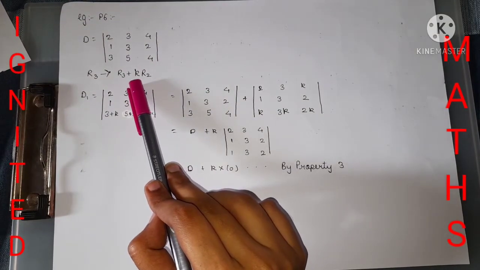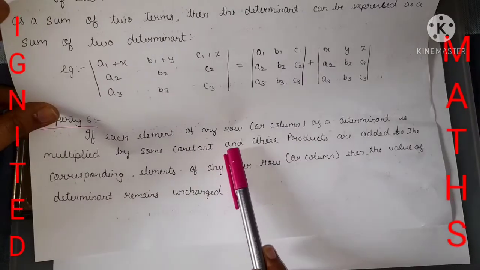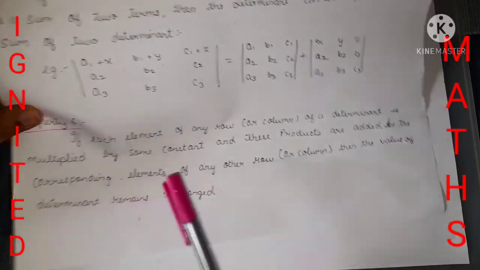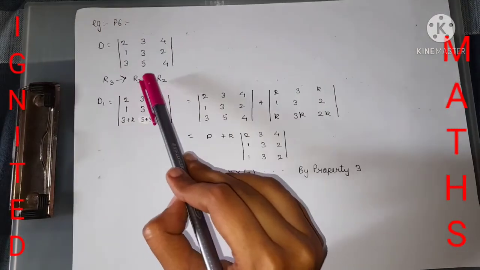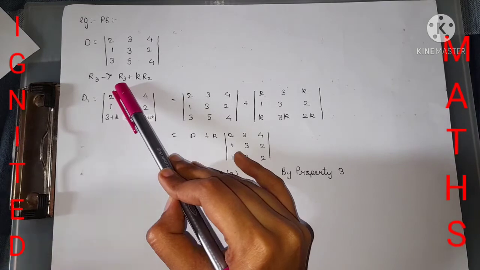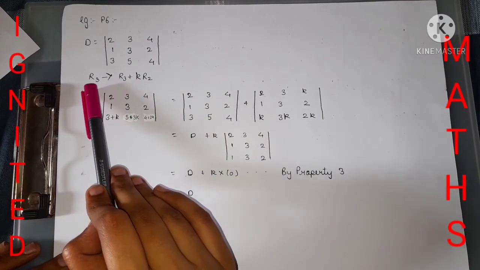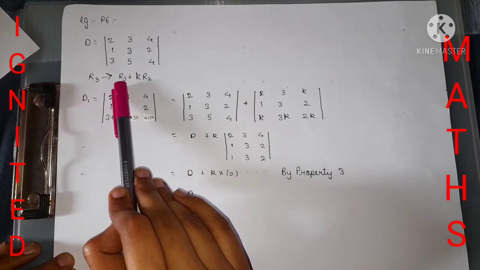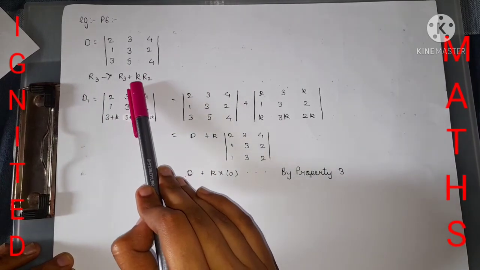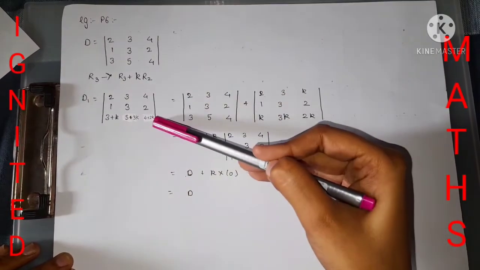K means a constant value, and I'm going to multiply it by R2, and these products are added to the corresponding value of R3, in which I'm going to operate. So R3 will be operated with the constant K multiplied in.